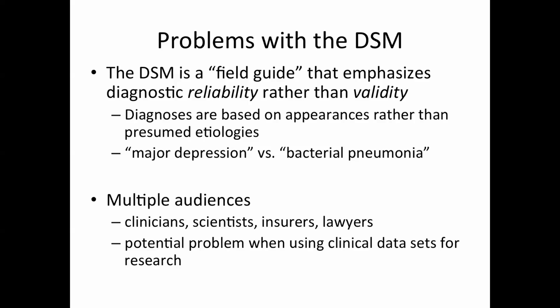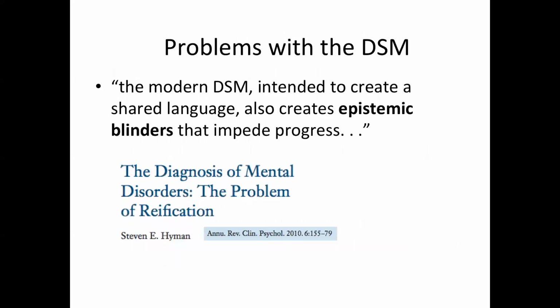And so there may be some reason why a marginal case, where it's not quite clear what the appropriate diagnosis is, may be skewed in one direction or the other, for reasons that have nothing to do with science or clinical care, but maybe something to do with reimbursement or other considerations like that.